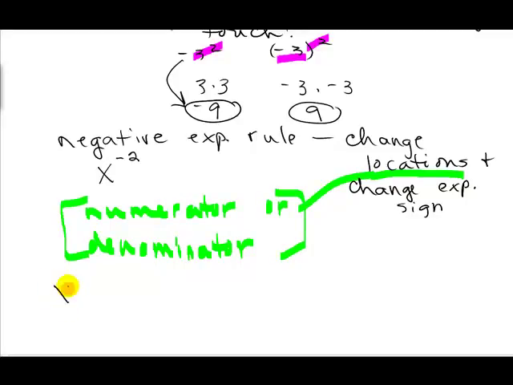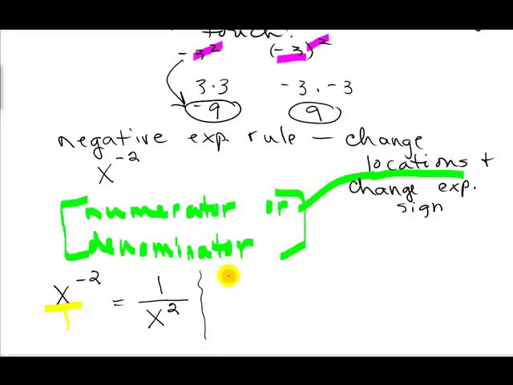If I have x to the -2, if it was a whole number, it would be written over 1. So the location change would take it to the denominator and make the exponent positive. Now it's a fraction, so you have to have something at the top. If there's nothing else to put here, you put a 1.